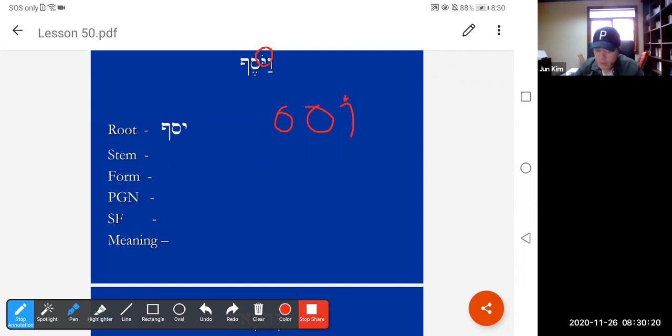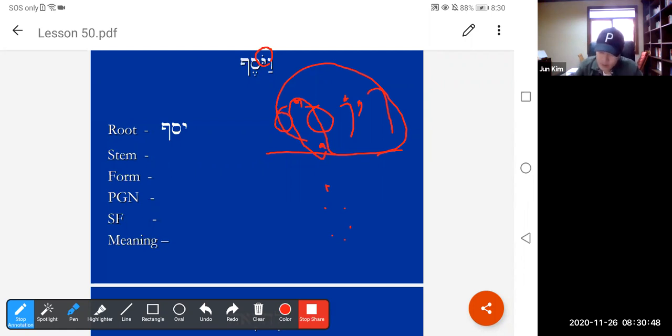When it comes to the second and third root letters, we are supposed to have hirek yod in between. But when this comes together with Vav conversive, it affects it. So this hirek yod becomes one dot or two dot or three dot, and this is what we have noticed before.